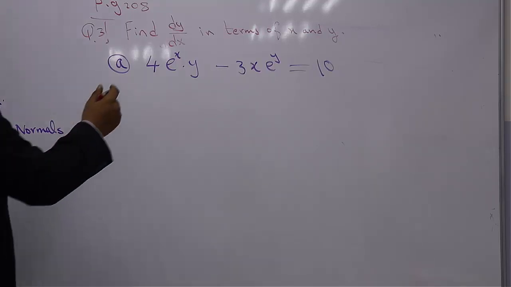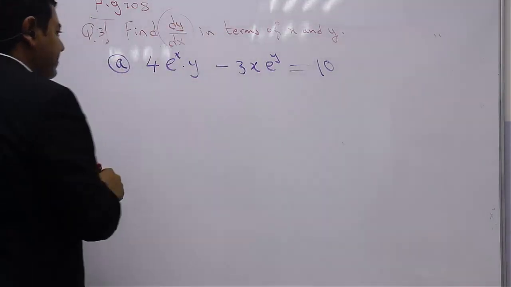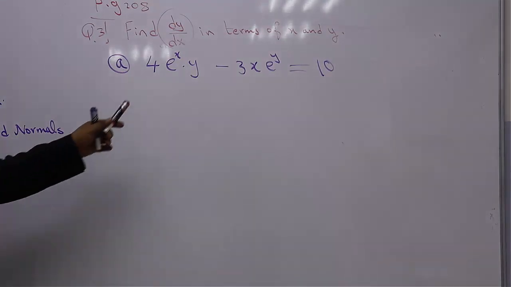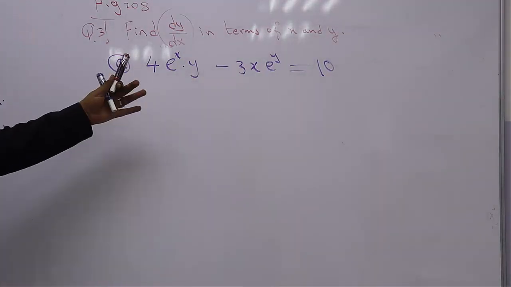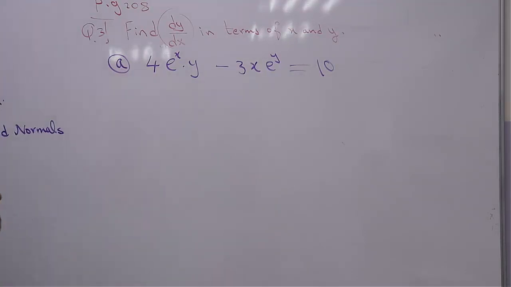Now, I want to find dy over dx. The type of this equation or function is implicit because it contains x and y together.